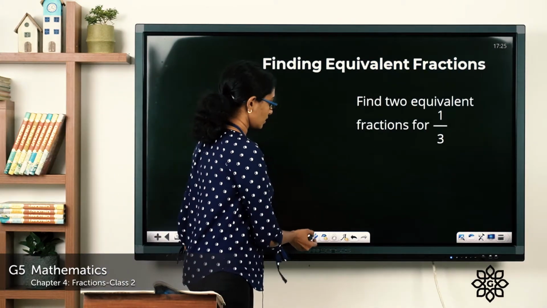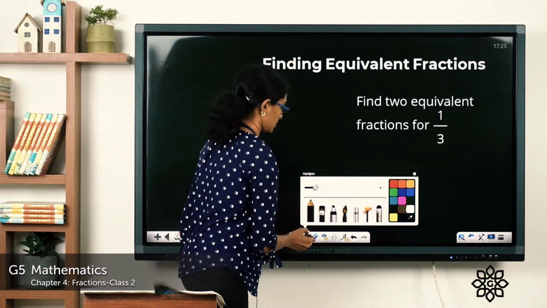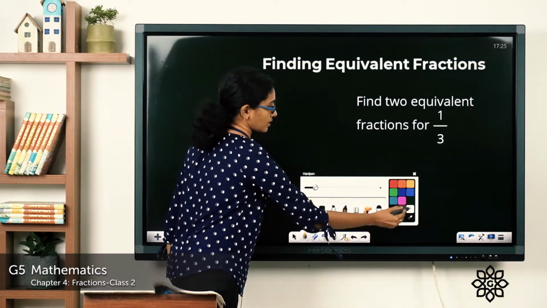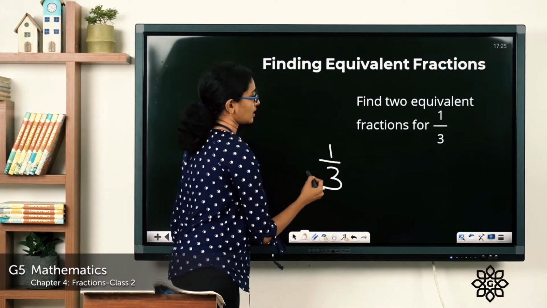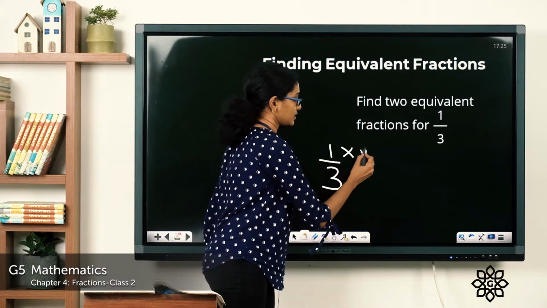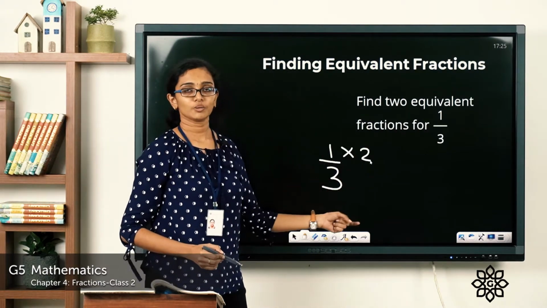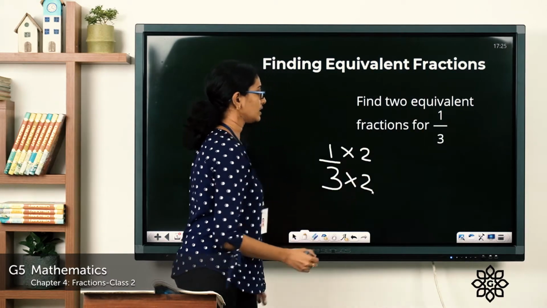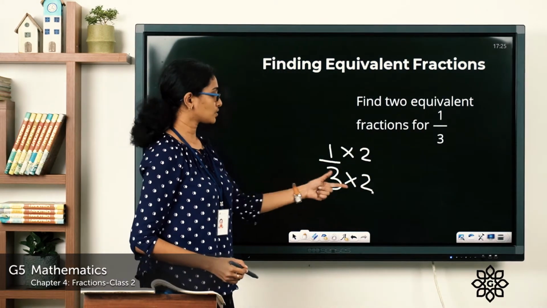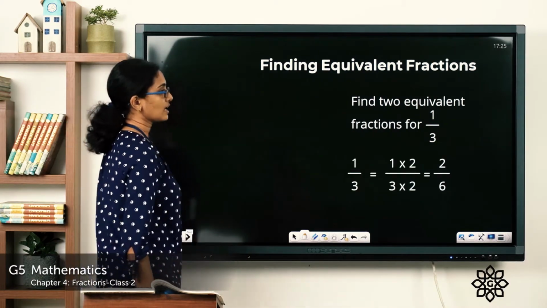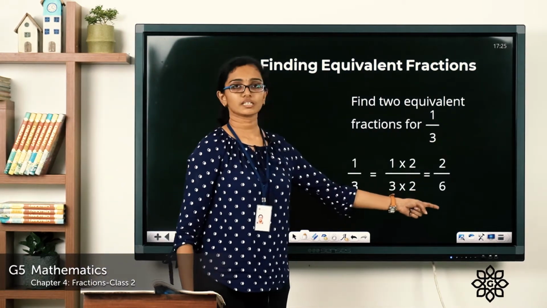So, 1 by 3. I am going to multiply the numerator 1 by 2 and the denominator 3 also by 2. So, here it is 1 into 2 by 3 into 2. What is 1 into 2? It is 2 and 3 into 2 is 6.